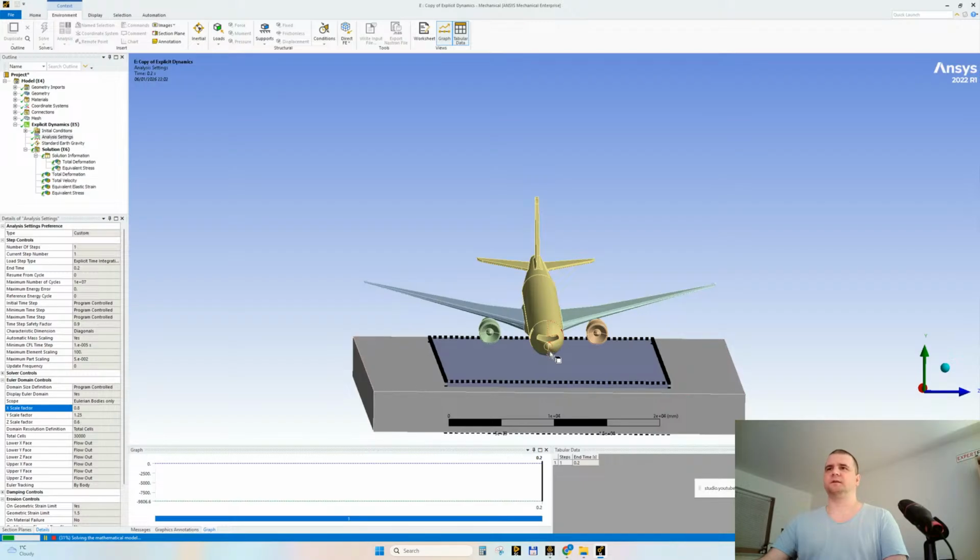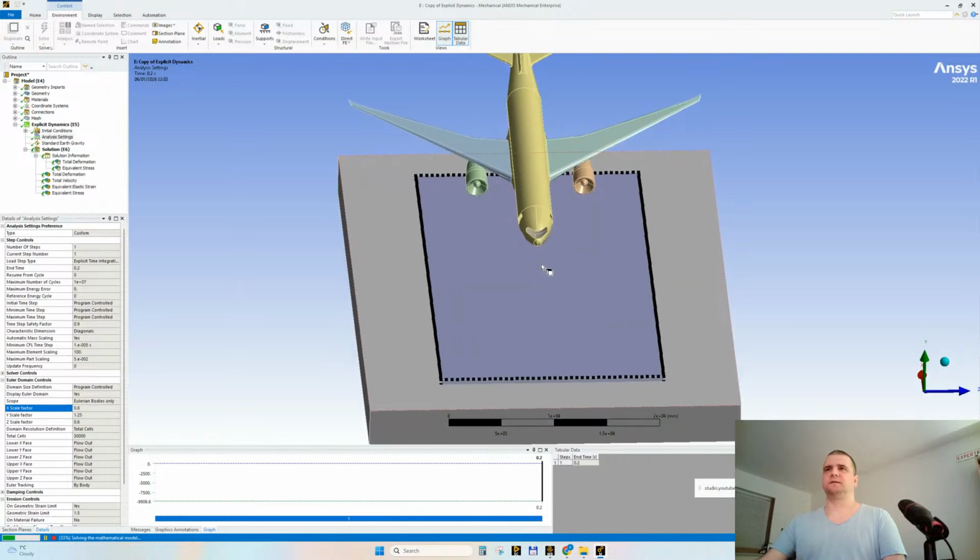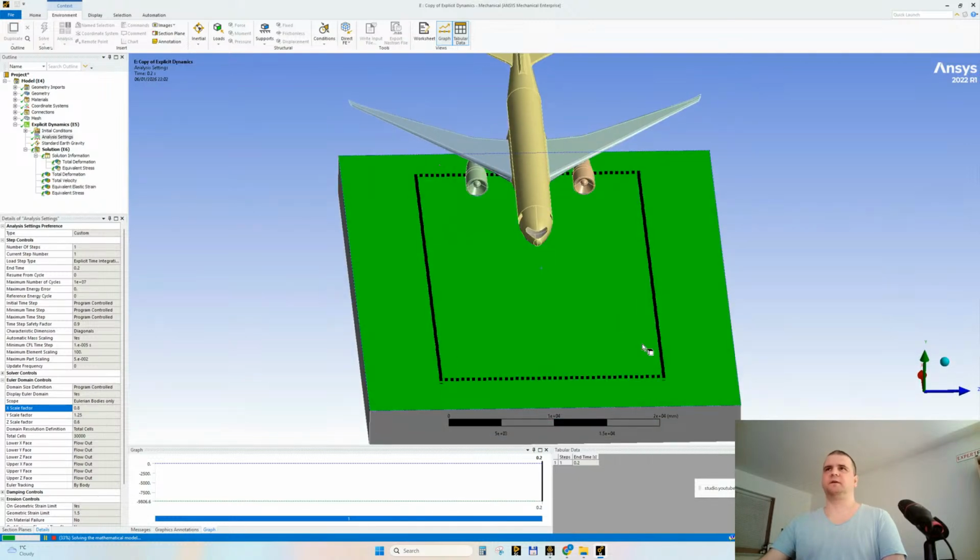This means that if the mass center of the water, the Eulerian body, is somewhere here, at the intersection of the diagonals, where the cross is, then on the z-axis we have 0.3 on the minus z and 0.3 on the plus z. It's like a scale, it's not a dimension, okay?